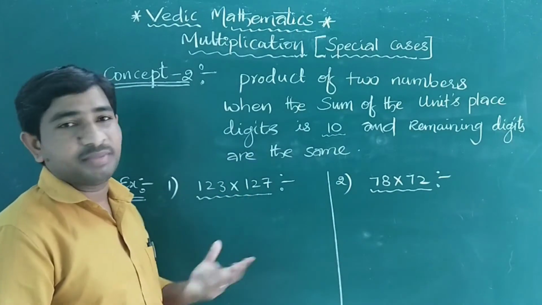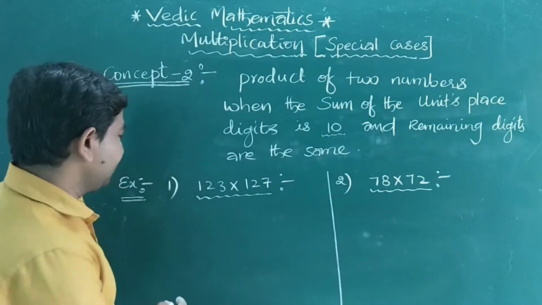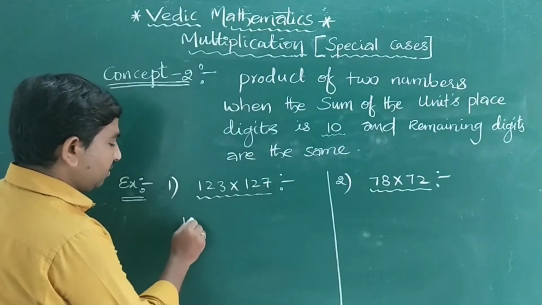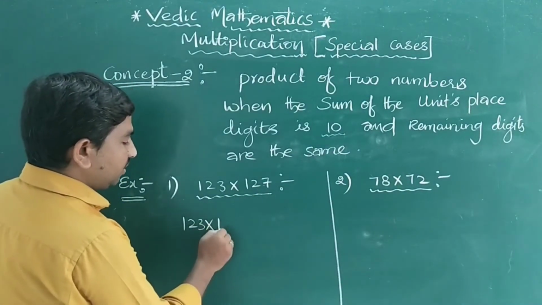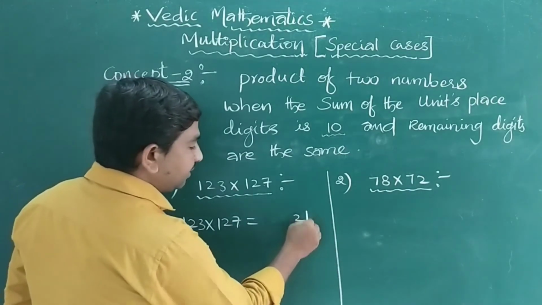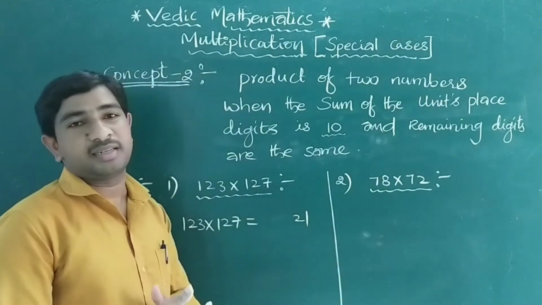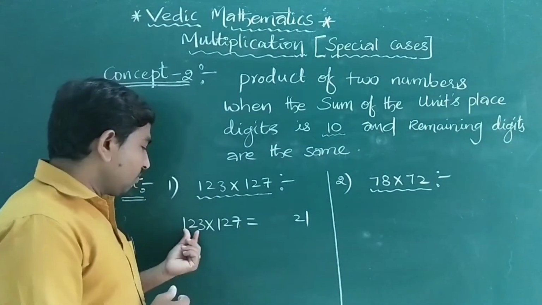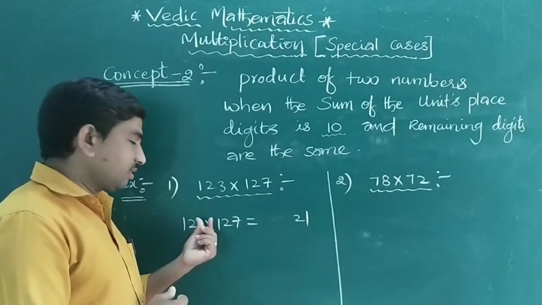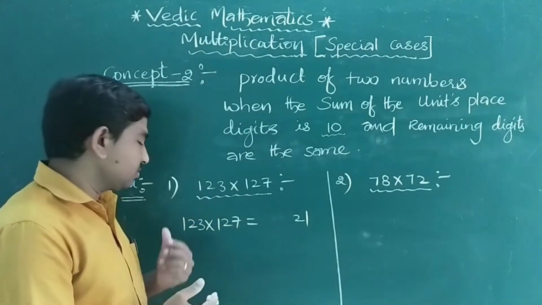Now we can apply this method. How will it be? Very easy. First of all, we have to multiply these units place digits. So 123 into 127: 7 3s are 21. You have to write this 21 as the right part of the answer. Next, the remaining hundreds and tens place digits are 12.